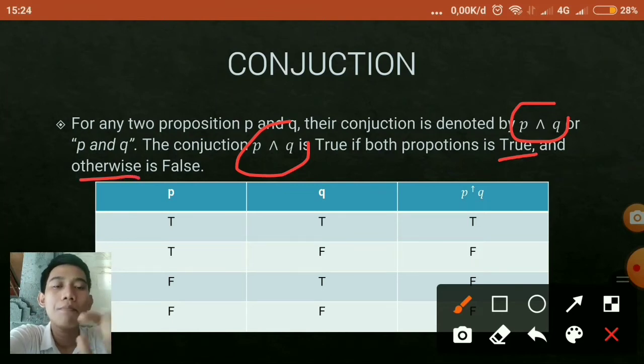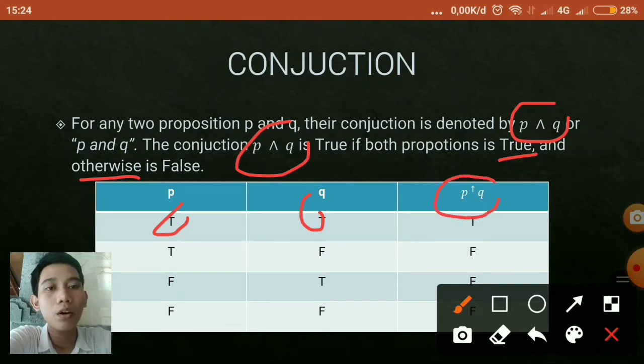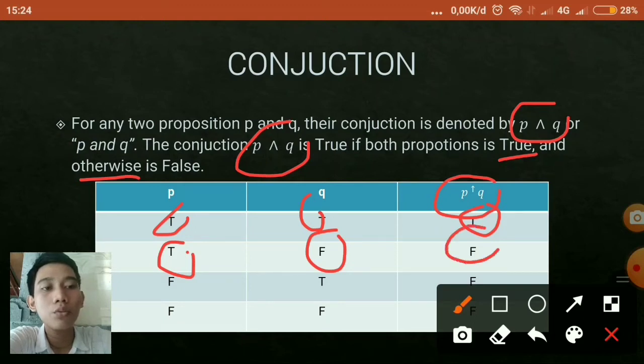Like if proposition P and proposition Q are true, then the conjunction P and Q is true. If proposition P is true and proposition Q is false, then the conjunction P and Q is false.